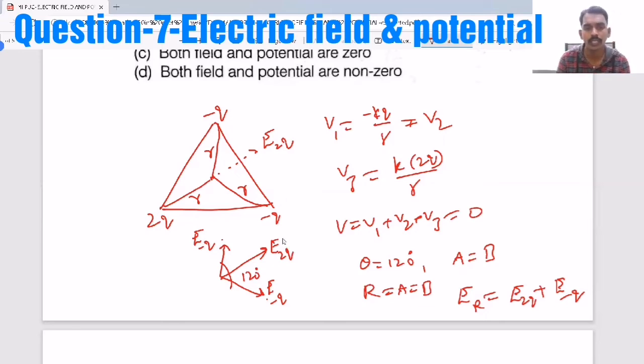Both are in the same direction, so the resultant is A plus B. This way they will ask the question based on field and potential together.